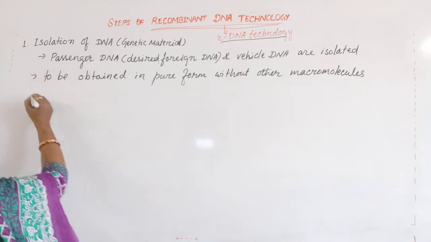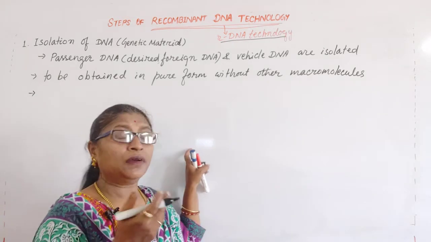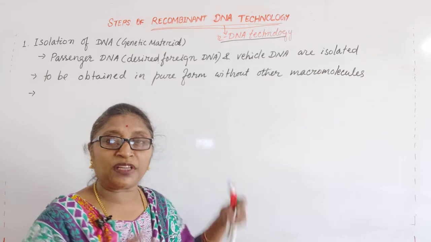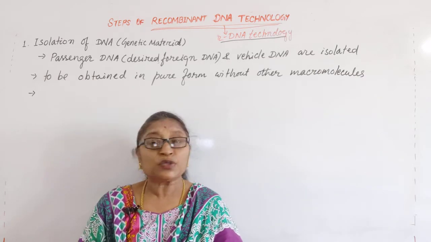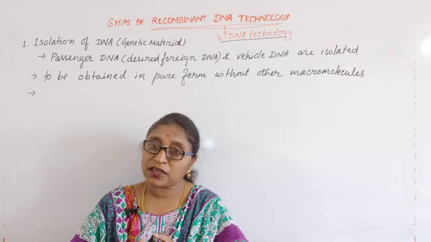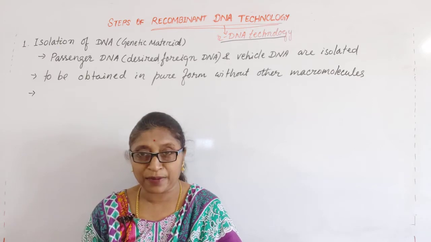Because all these molecules remain inside the cell, and in most living organisms the genetic material means DNA. So we need the DNA, and what we don't need should be removed or digested. Let us see how it can be done.